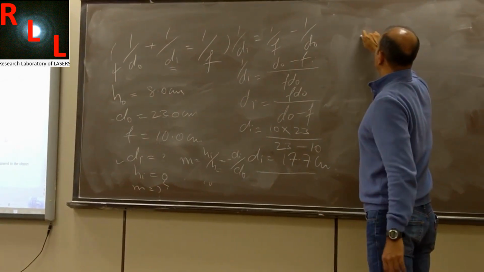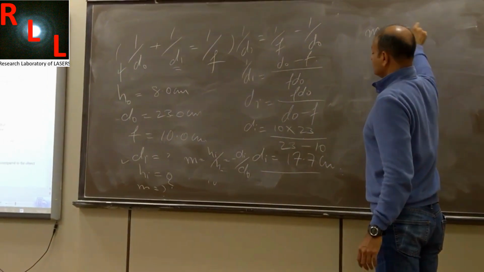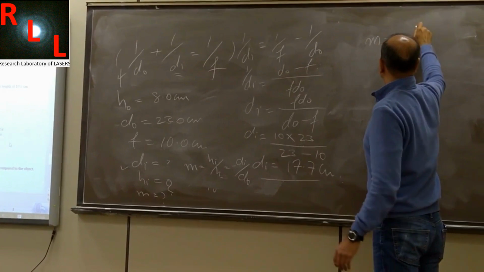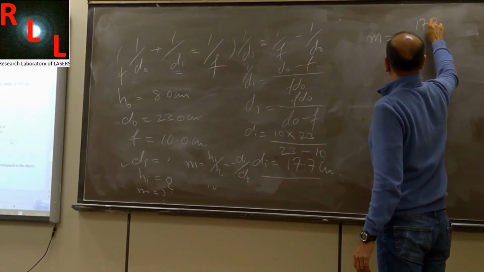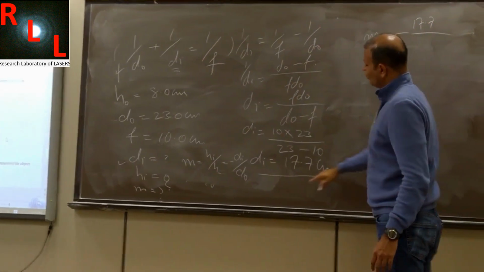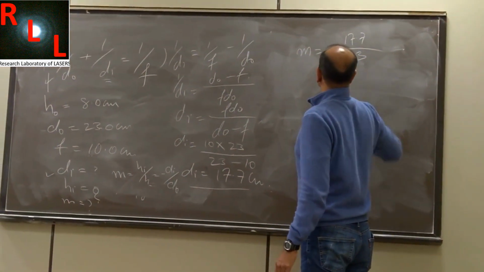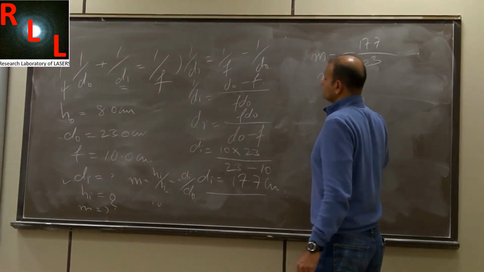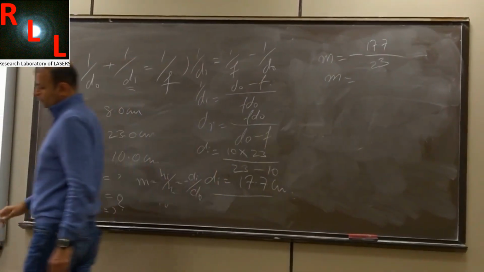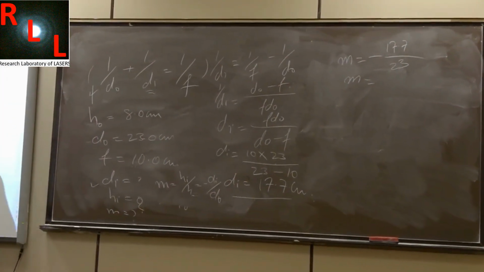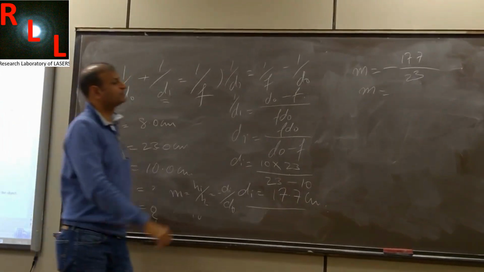So you have m, and what is the value of di? It is 17.7, over d naught, which is 23. So what value will come here? I think it is minus 0.77.